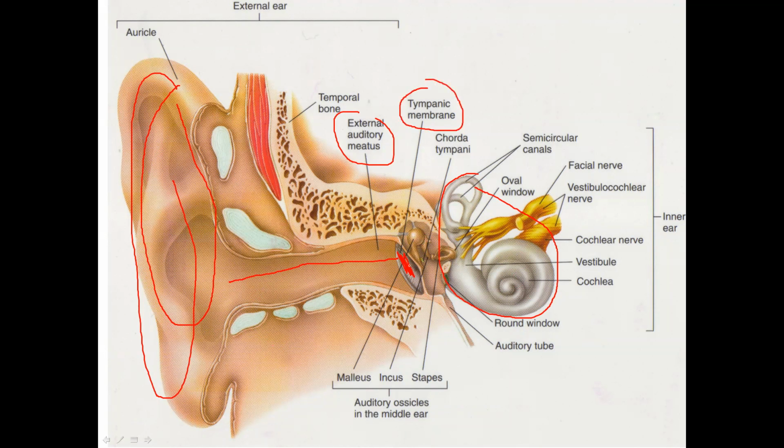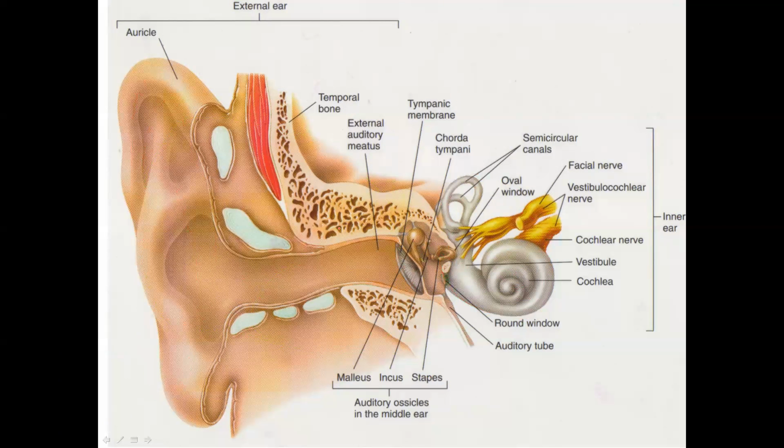The fancy word for the eardrum is tympanic membrane. Then the three ear bones, the malleus, the incus, and the stapes. And then we have the semicircular canals right there, which we'll talk about in a minute. Then you have the vestibule and then the cochlea. We'll talk about all these in a minute.